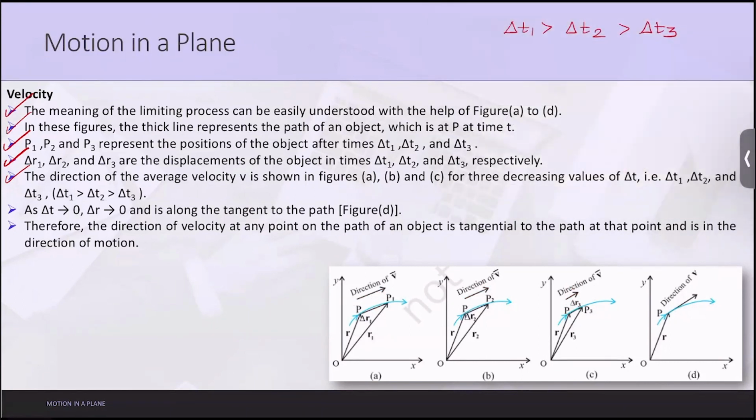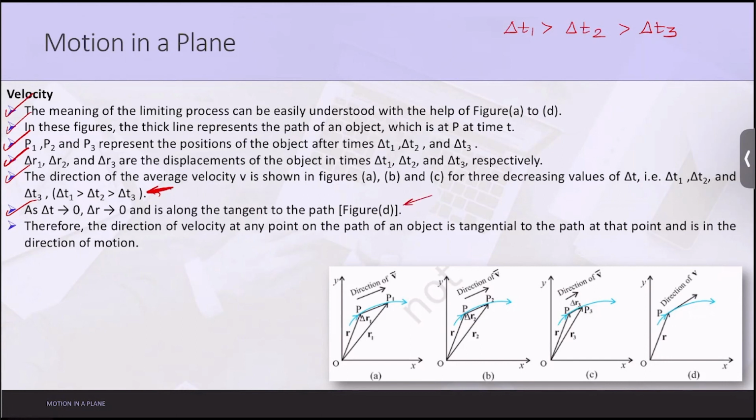Moving on. Here it is written also that delta T1 is greater than delta T2 is greater than delta T3. Now, as we try to decrease the value of delta T and tend it to 0, delta R will tend to 0 also and is along the tangent to the path.